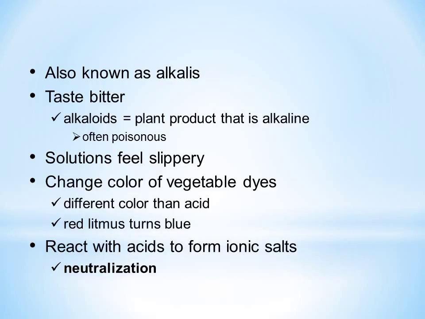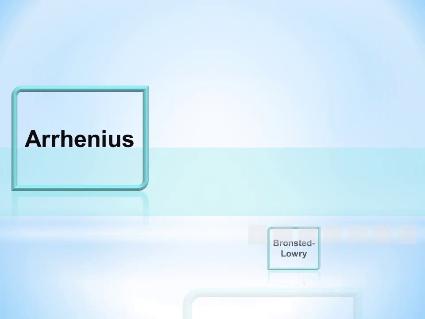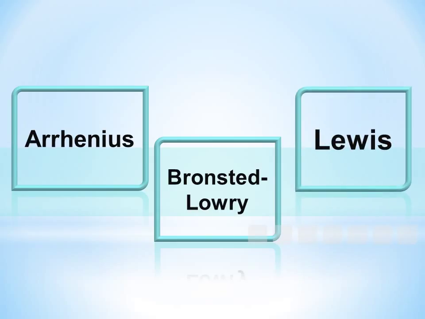Now, over the years, there have been many definitions of what an acid is, and there are three main definitions that we refer to: the Arrhenius definition, the Bronsted-Lowry definition, and the Lewis definition.